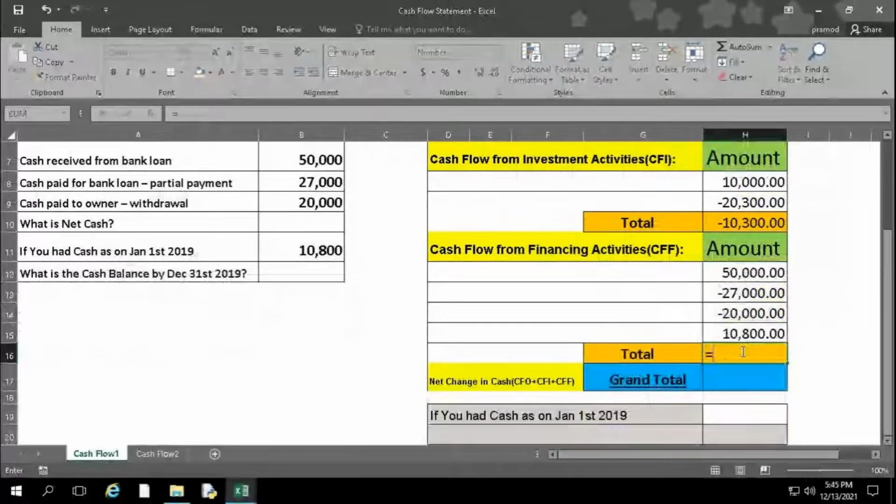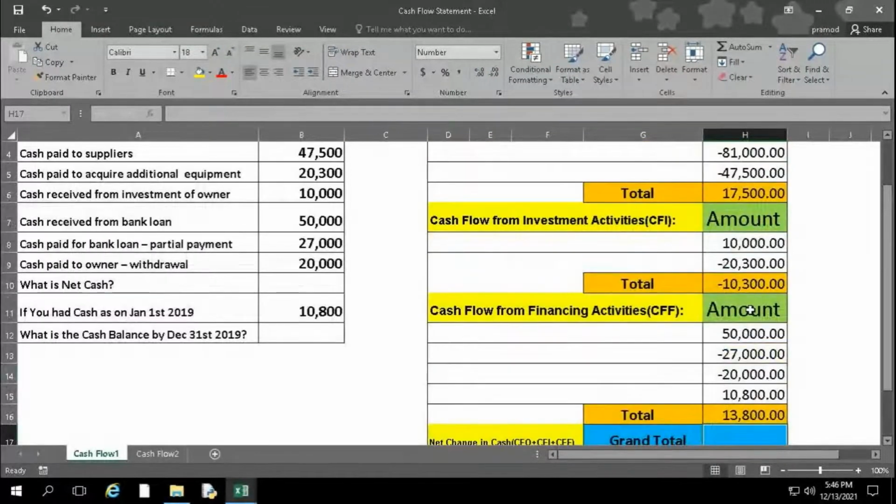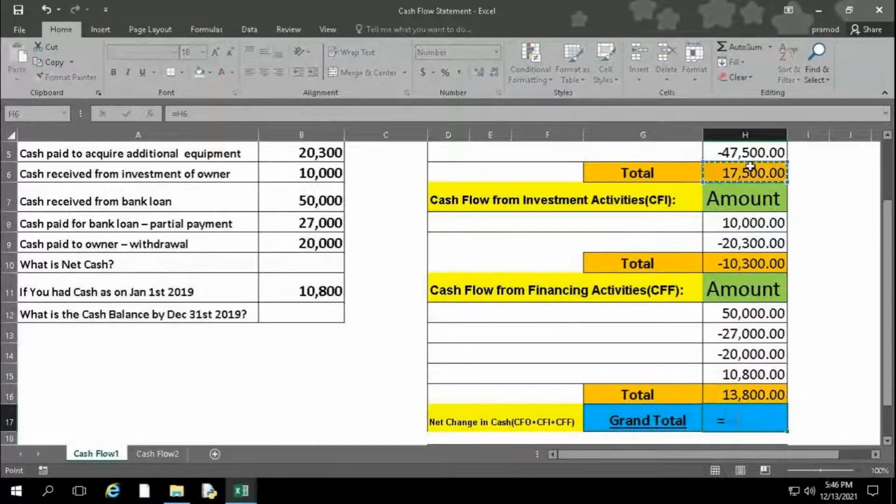These additional equipment, we have to take under investment activities, sir. Yes. Give me 2 minutes, I'll finish this off. So grand total will be all this. All three you need to add: CFO plus CFI plus CFF.